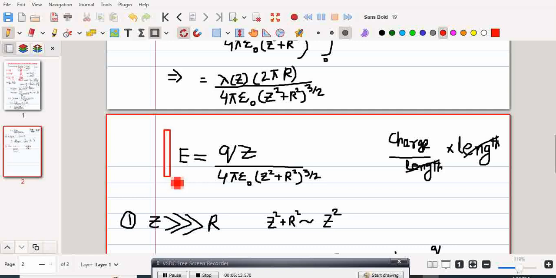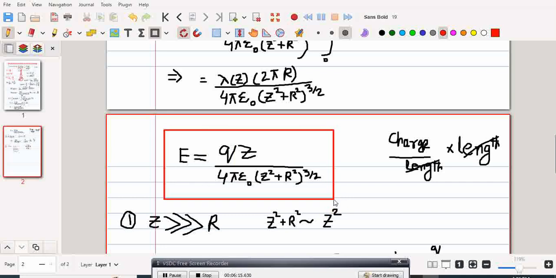What will be the direction? The direction is always away from the ring in the case of positive charge, it will be directed outwards from the ring, and if it is negative charge, the magnitude will be the same, but its direction will be inward towards the ring.